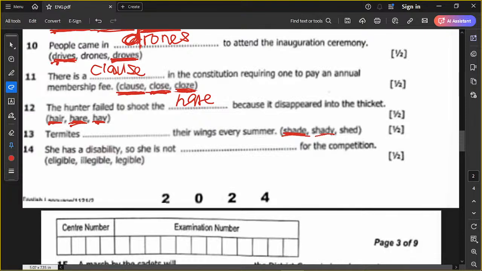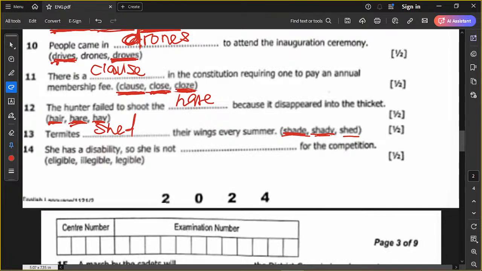Then shady, meaning something is shady, this can be the adjective. Then we have shed here, which is the correct word. They shed, which means they drop their wings every summer. They shed, they remove their wings every summer. We come to question 14.